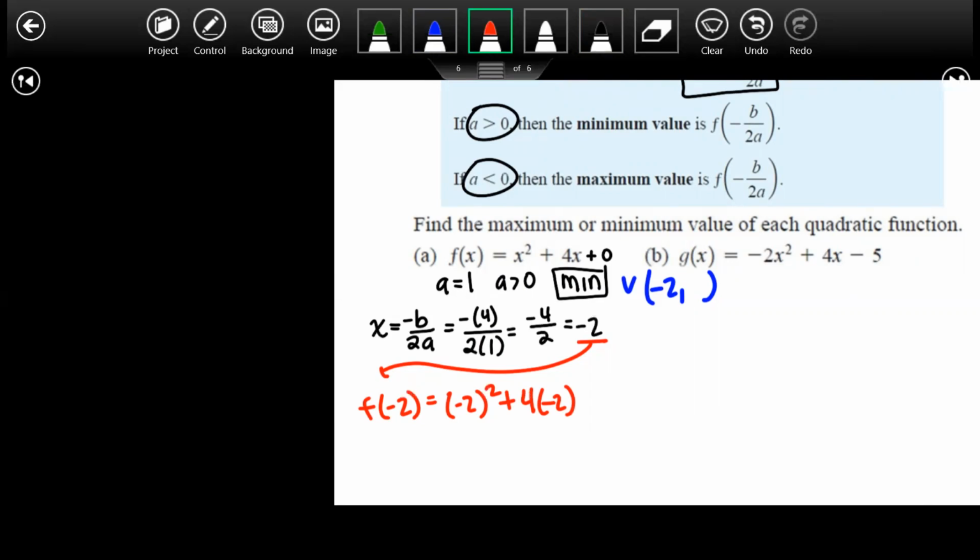Let's simplify this out. I'm going to write it up so the people in the back can see a little better. -2 squared is what? 4 plus -8 gives me what? My output is -4. We're done.